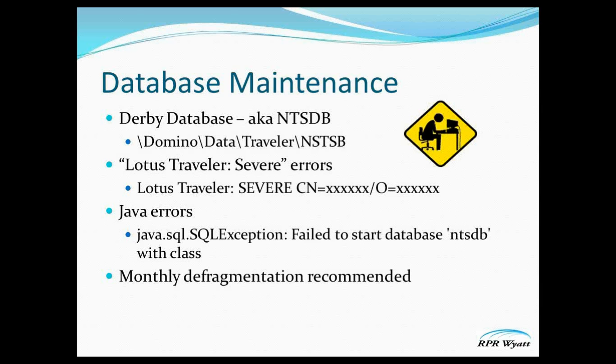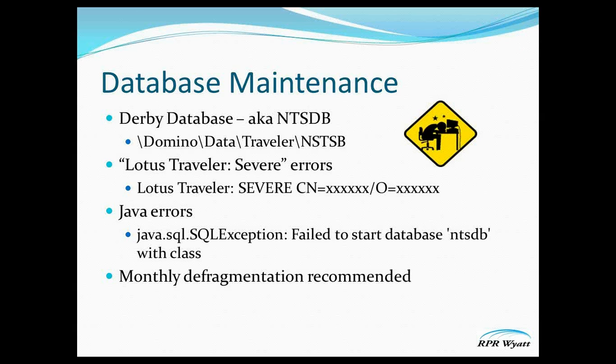To prevent these issues from happening, there are steps that can be taken. The backend database of Traveler is called the Derby database, and it is physically located on your Domino server in the Domino Data Traveler NSTTSB folder. When Traveler is running, this database is in constant use, taking a real beating as it keeps track of what documents need to be synchronized.